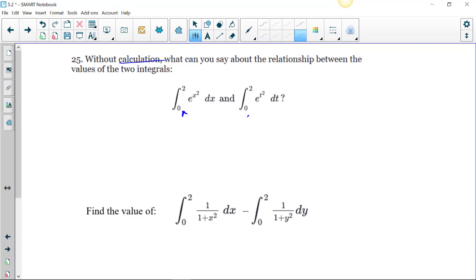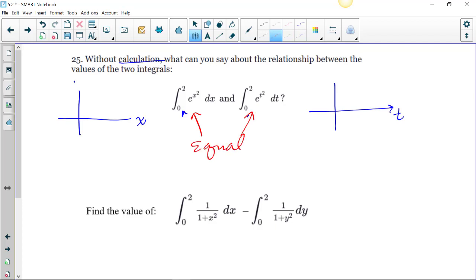So the only thing different is the independent variable. So it doesn't matter. It's just saying this graph, my horizontal axis is x, and this function here, e to the t squared dt, my horizontal axis is t. Exact same values. Your independent variable doesn't matter. So these will be exactly the same. They will be equal. Okay?